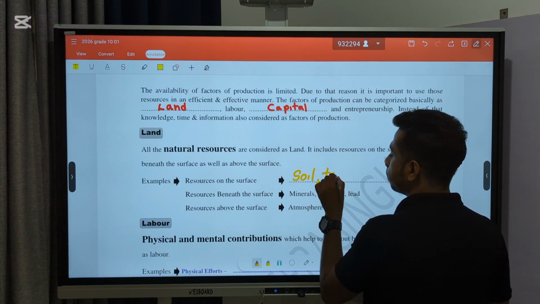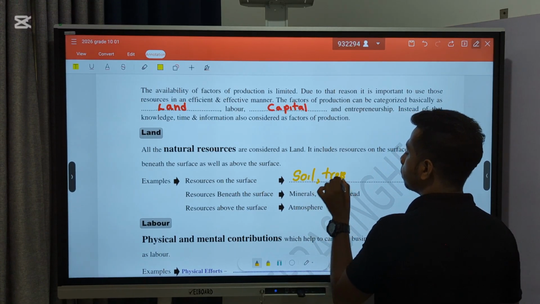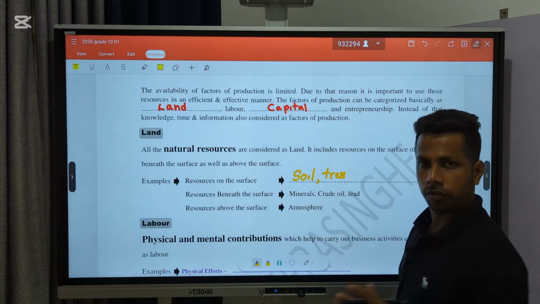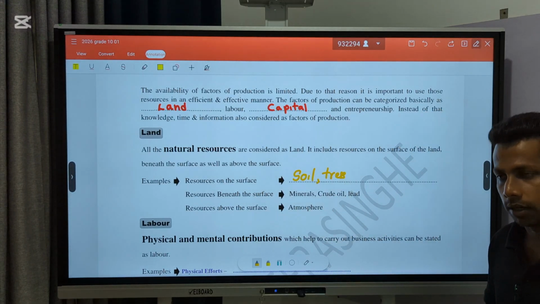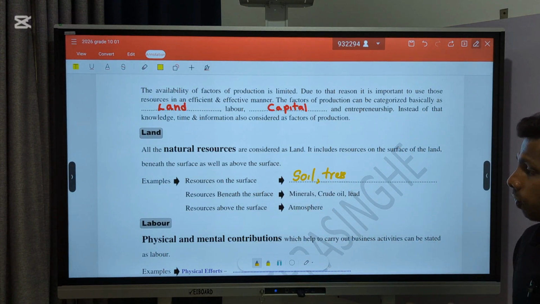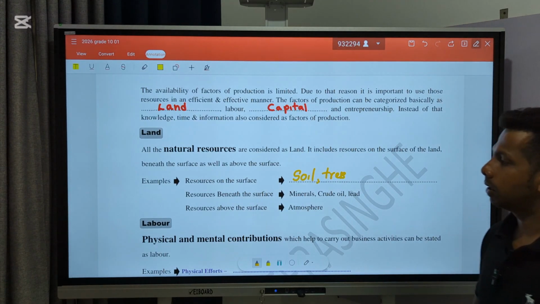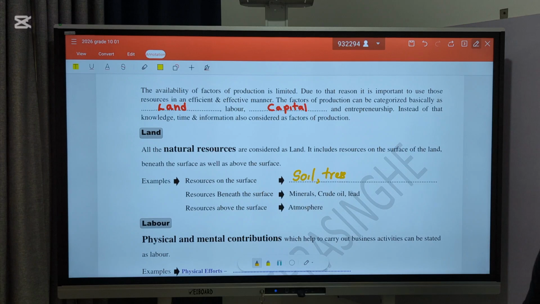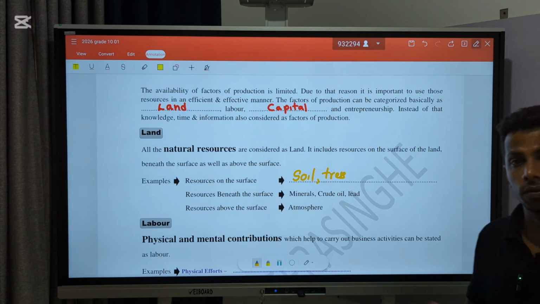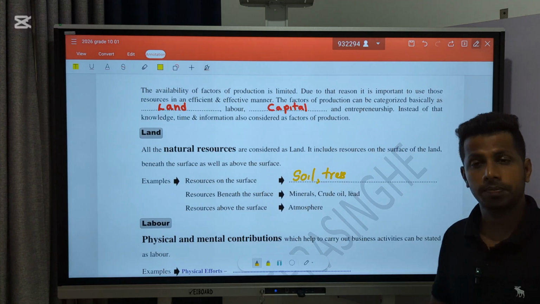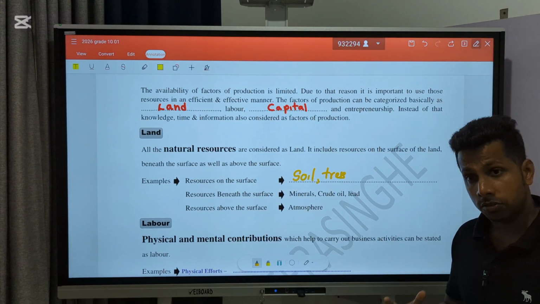trees, right? From forest also we can take resources, waterfalls, right? Okay, whatever natural resources you can see on the surface. Then resources beneath the surface: minerals, crude oil, lead, gems.